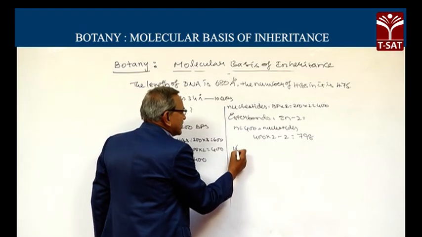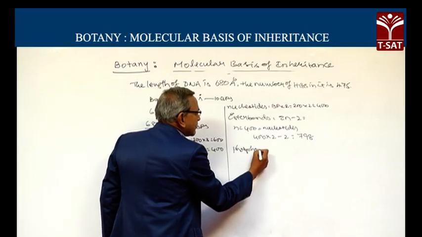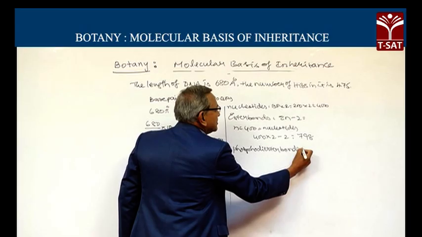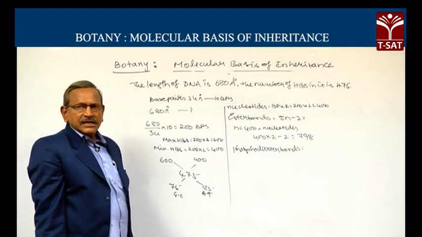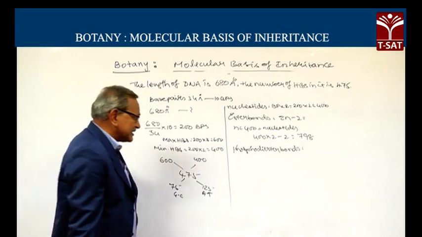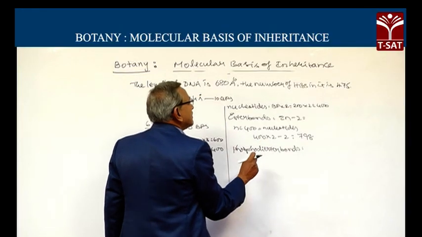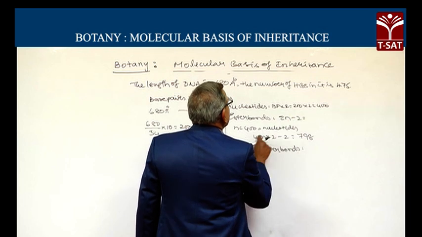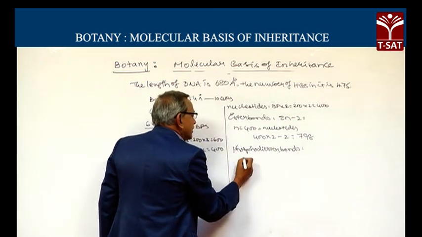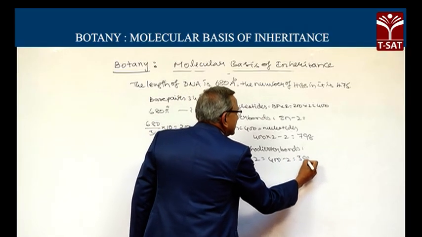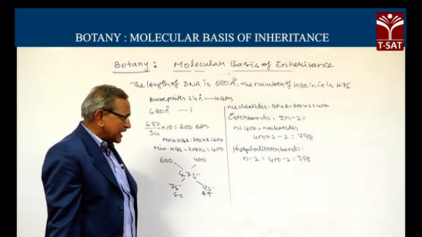How many phosphodiester bonds are here? And what is our simple formula? That is n minus 2 for double stranded structures. So, our n is 400. So, n minus 2, 400 minus 2, 398 phosphodiester bonds are here.